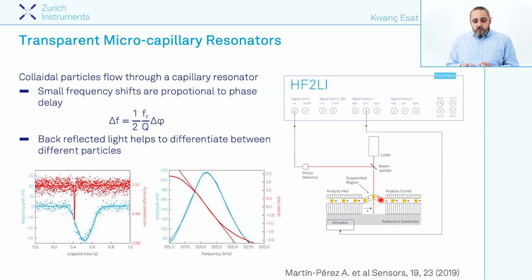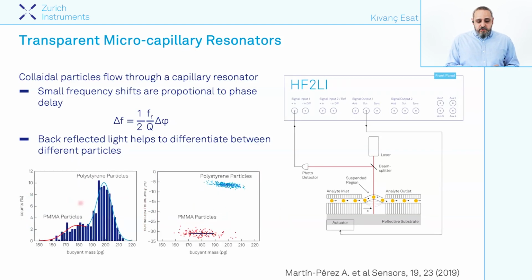Depending on how a particle scatters, since different materials scatter light differently, we can also use the same signal line to look at the signal amplitude to also have an idea about the total light that is reflected or scattered. This way, we can deconvolute this mass spectrum that we captured with the frequency measurement. We can deconvolute it using the scattered light, and then we see these nice distributions of different particle types.